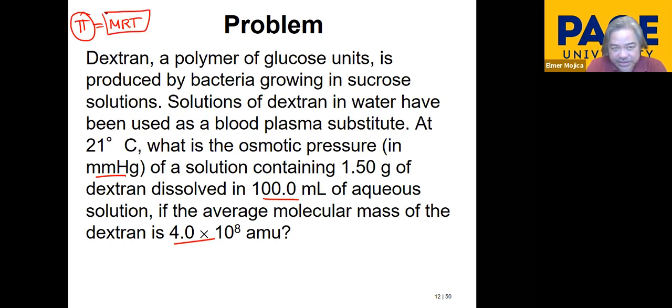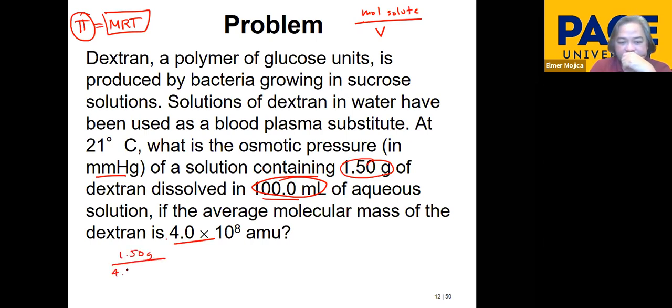So all you need to do is solve for this one. The other values are given there, although not directly, especially the molarity. Molarity is moles of solute over the given volume. The given volume is 100 ml, and the solute is 1.5 gram over 4.0 times 10 to the 8 AMU.